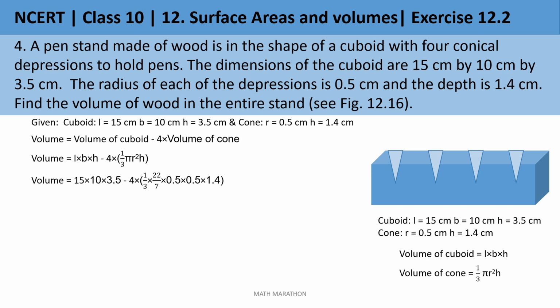Volume is equal to length, which is 15, multiplied by breadth, which is 10, multiplied by height, which is 3.5, minus 4 multiplied by 1 by 3 pi, which is 22 by 7, multiplied by r square, which is 0.5 square, multiplied by h, which is 1.4.